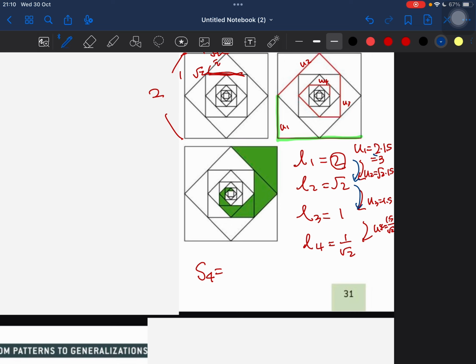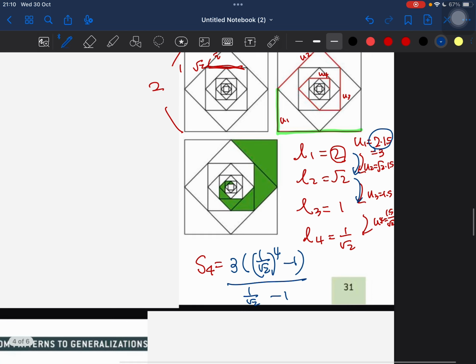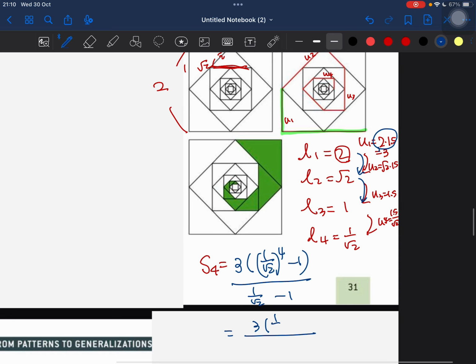So the first term is 3, times (1 over square root of 2) to the power of 4, minus 1, over 1 over square root of 2 minus 1. So 3, 2, 1 over 4, minus 1, and square root of 2, 1 minus square root of 2.